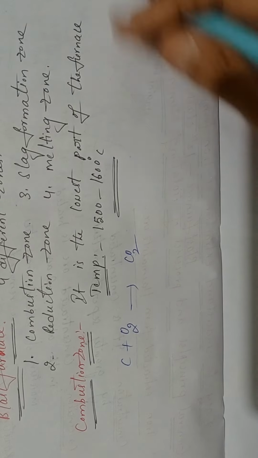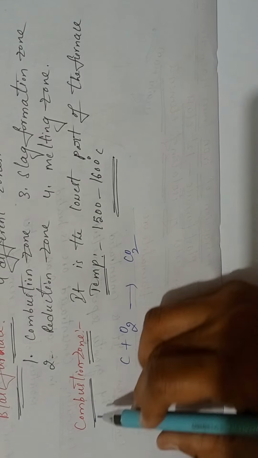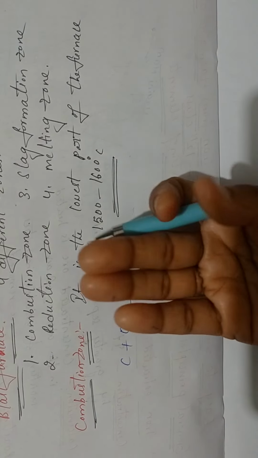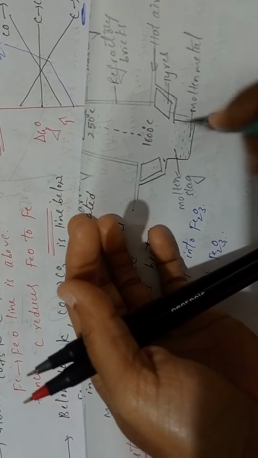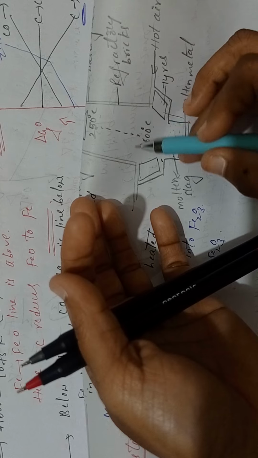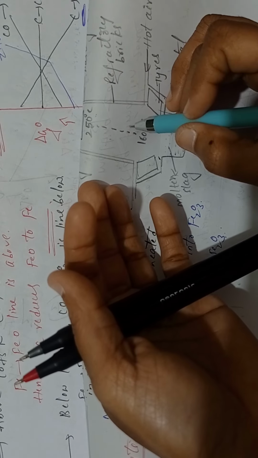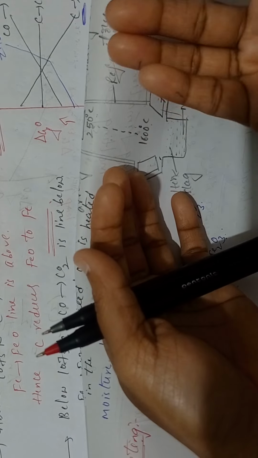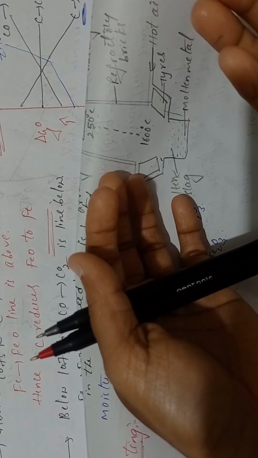In which zone is this CO2 gas formed? Combustion zone. The CO2 gas is slowly moving upwards. When it rises upwards, what will happen? The CO2 is reduced to CO, carbon monoxide.